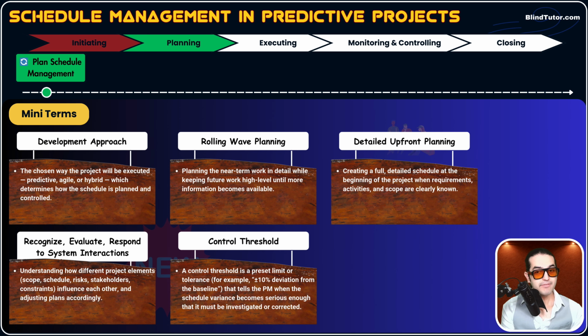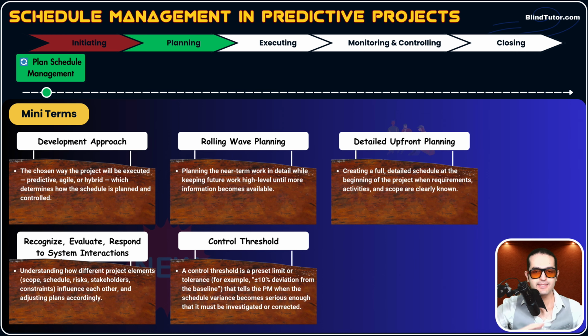Now, if that work is completed in, for example, 109 days or 110 days, that's fine. It is acceptable. But if that work is not completed in 110 days, the original plan says 100 days, but the control threshold adds plus 10 days.